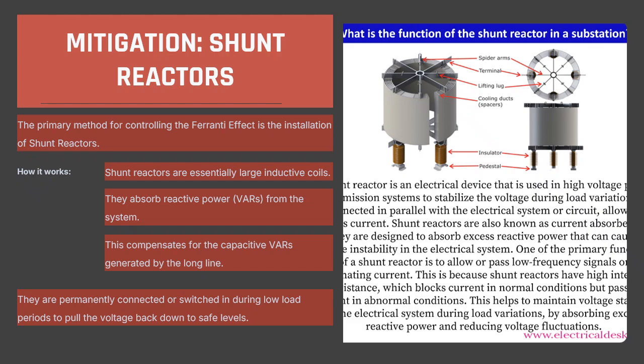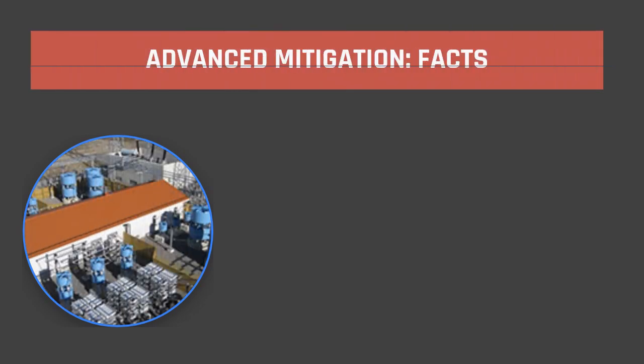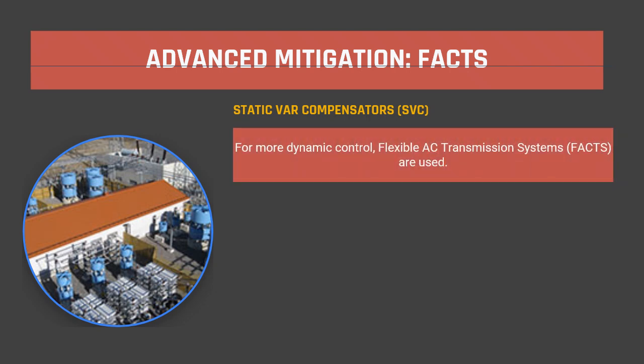Advanced mitigation. For systems requiring faster, more precise, and dynamic control, power engineers turn to flexible AC transmission systems, or FACTS devices, specifically static VAR compensators, SVC. An SVC offers significant advantages over fixed shunt reactors.